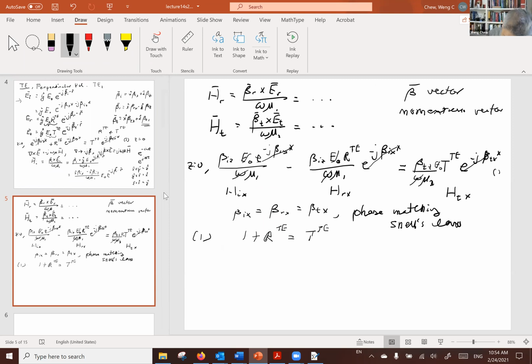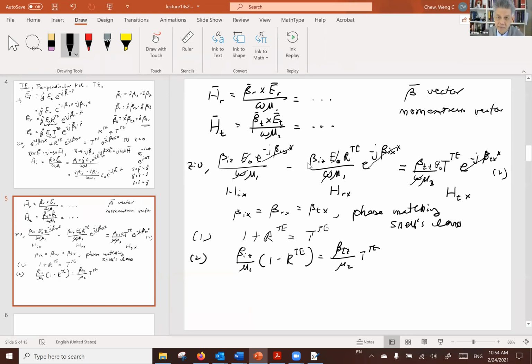Equation 2, which is the second important equation, if you do things correctly, you get beta_iz over mu 1 times (1 minus R_TE) is equal to beta_tz over mu 2 times T_TE. I forgot to mention one thing though. I switched this to beta iz. Actually, I did it wrongly.